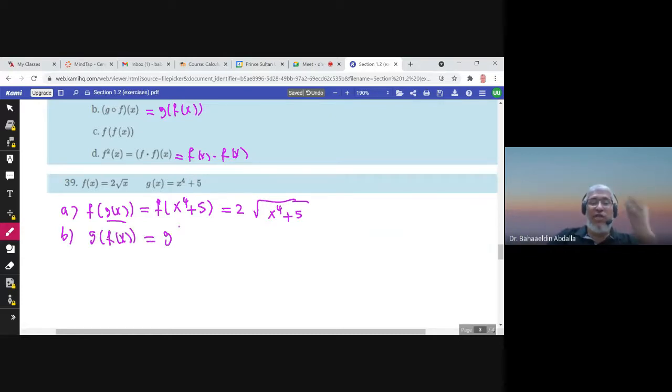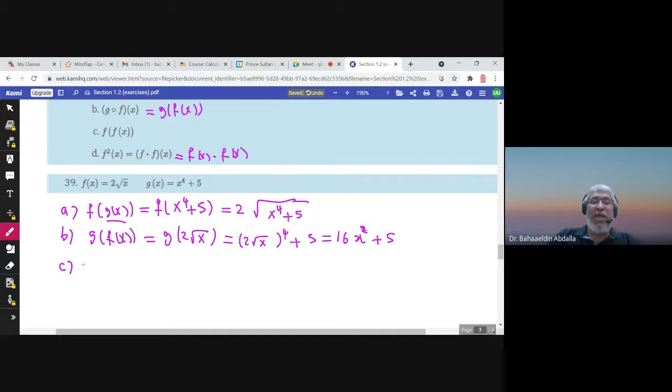So we write g first, and we put the definition of f of x, which is 2 square root of x. And then we go to g and replace x by 2 square root of x. So we will have 2 square root of x raised to the power 4 plus 5. 2 to the power 4 is 16. Square root of x to the power 4 is x squared, plus 5.